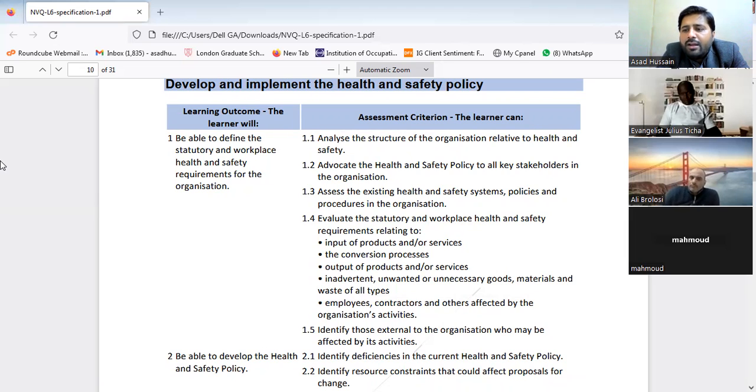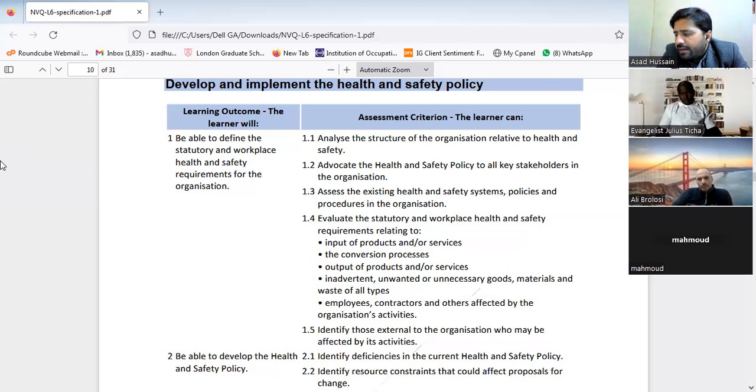It means that on each managerial or organizational level, what type of roles and responsibilities are there. In this regard, you have to explain what the roles and responsibilities are of the persons working at different levels of the organizational structure.